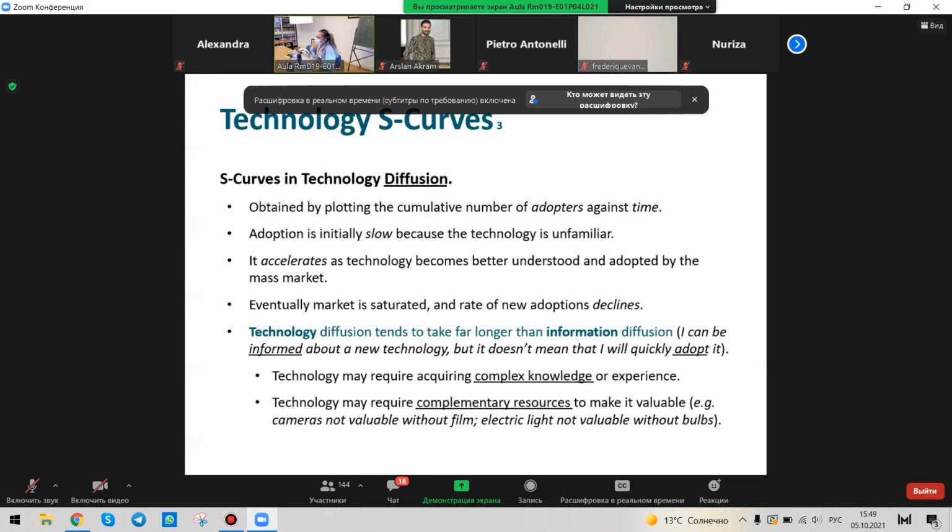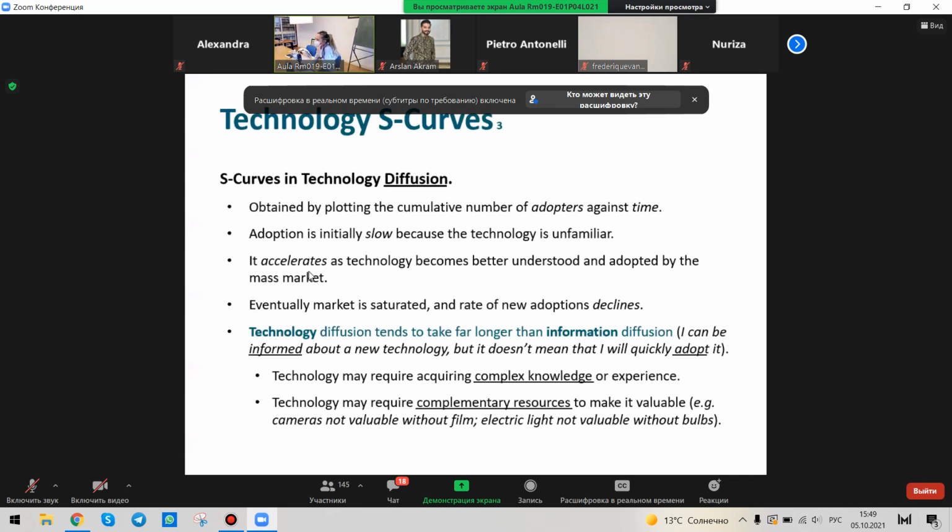So what is the shape of technology diffusion within the markets? Yes, exactly, like also the wireless chargers. So how can we represent technology diffusion?